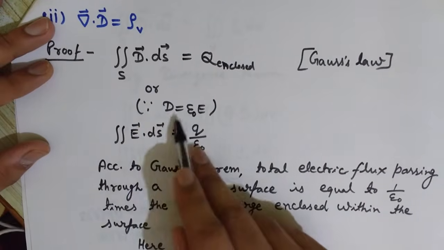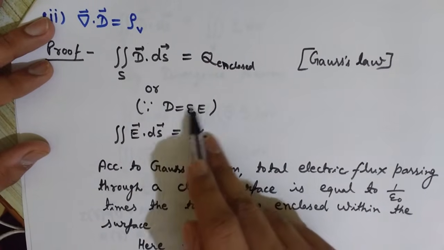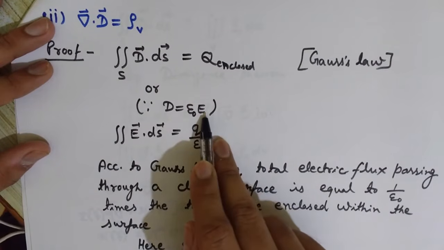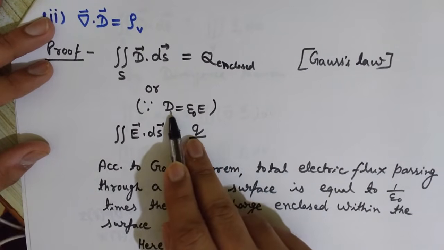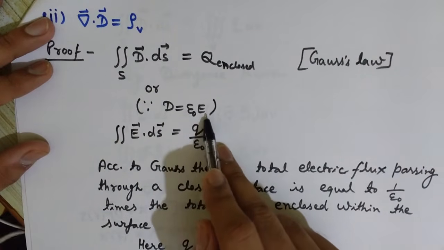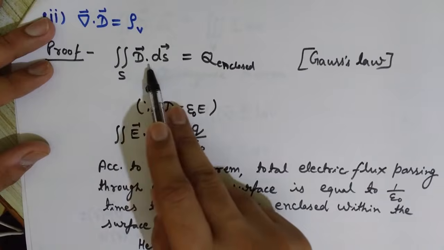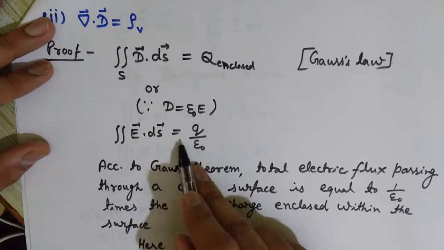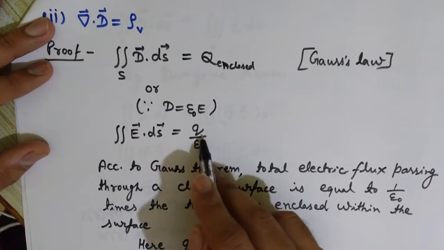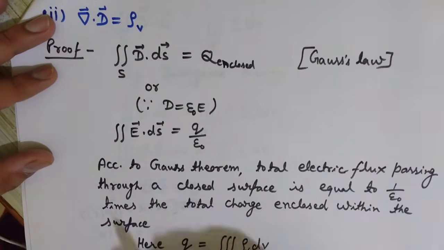Since D equals epsilon naught times E, where E is the electric field intensity and D is the electric flux density, we can write the integral of E dot dS equals Q by epsilon, where Q is the charge enclosed. So this is the Gauss theorem.